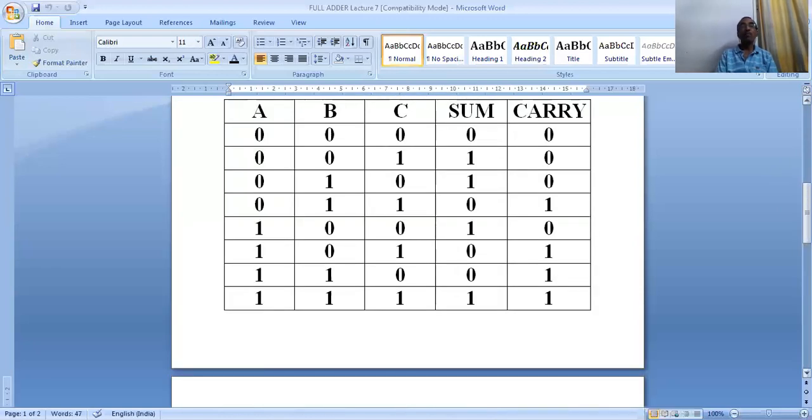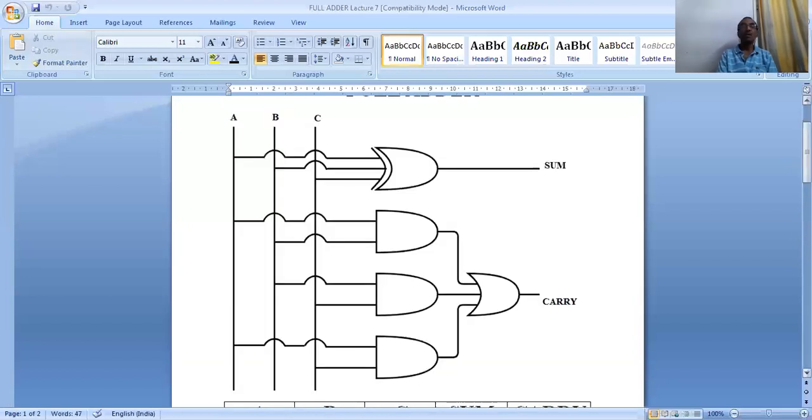A equal to 1, B equal to 1, C equal to 0. A equal to 1, B equal to 1, C equal to 0. Again here, 1 plus 1 plus 0, the output of XOR gate is 0, that is sum equal to 0. A equal to 1, B equal to 1, output of the first AND gate is 1. Because 1 multiplied by 1, output of first AND gate is 1.